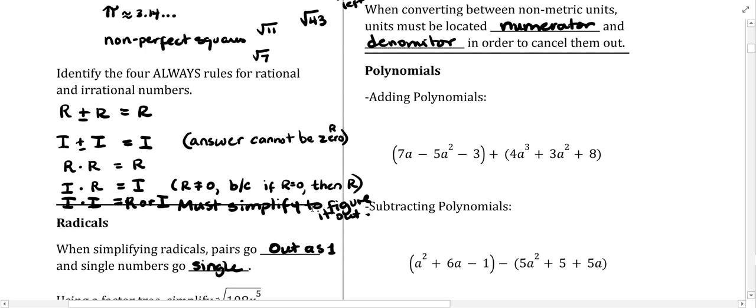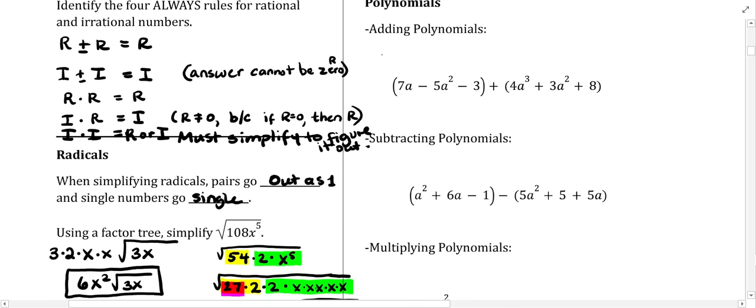So then polynomials. Adding polynomials, you have to have the same base and the same exponents. This is a plus sign, so we can ignore it, and there's nothing to distribute into the parentheses. So all we have to do is find like terms, 7a. Remember, that's an understood 1.